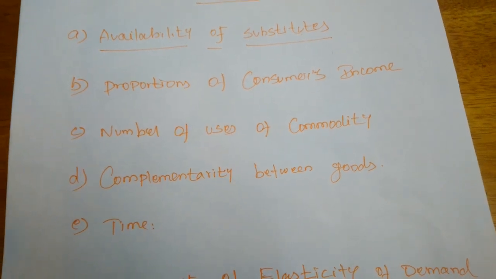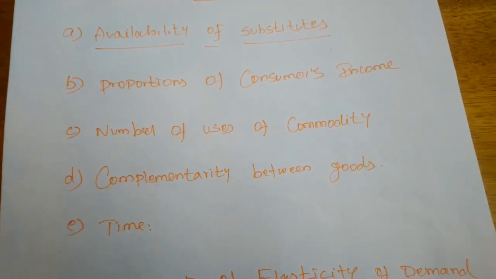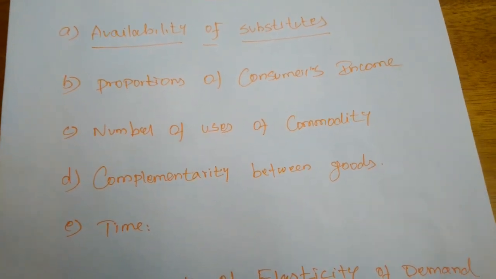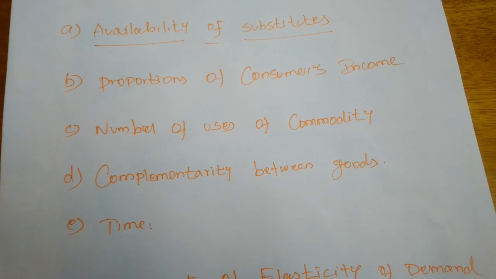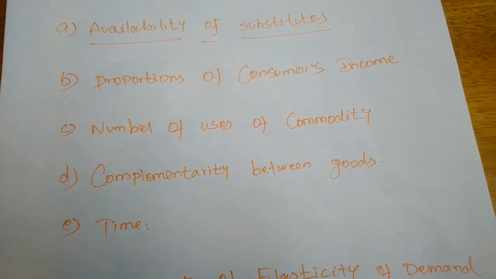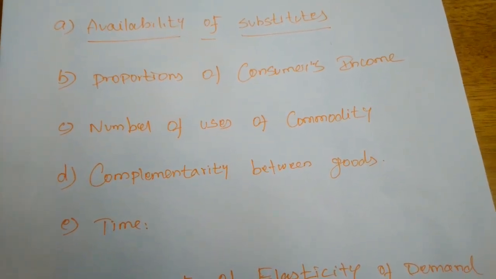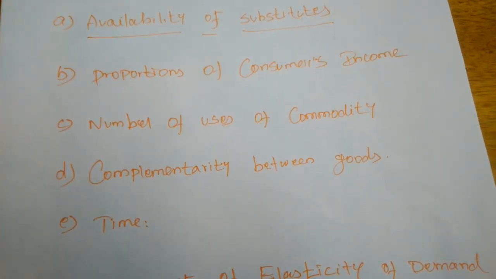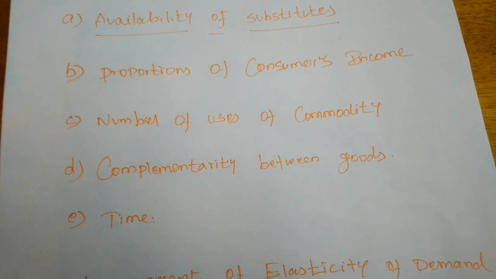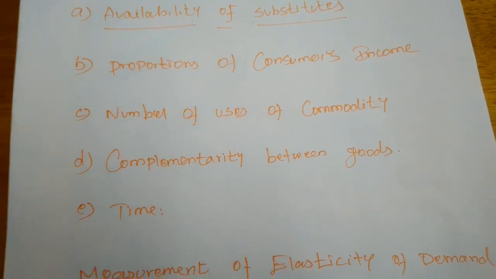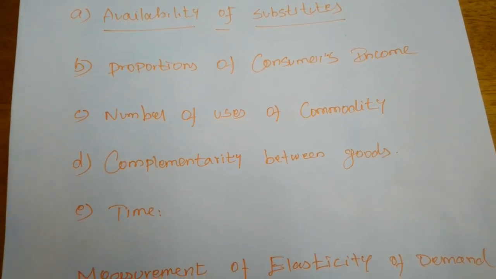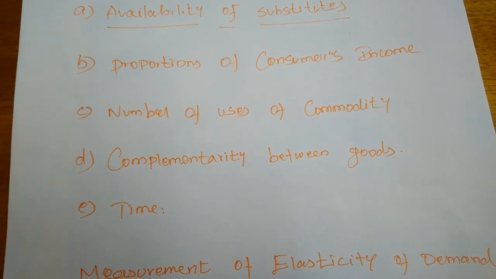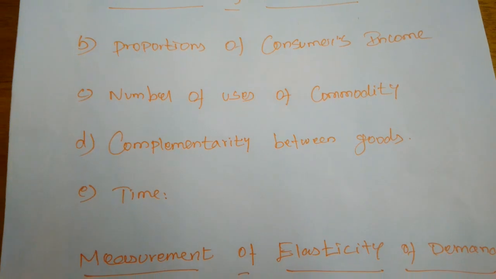For example, milk is used as buttermilk, curd, ghee, and for making ice cream, etc. Hence, even a small fall in the price of milk will tempt consumers to use more milk for many purposes, because if the price of milk is reduced, we can use it for more purposes.